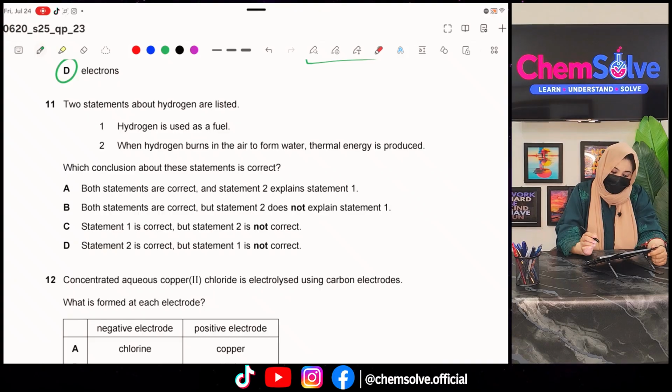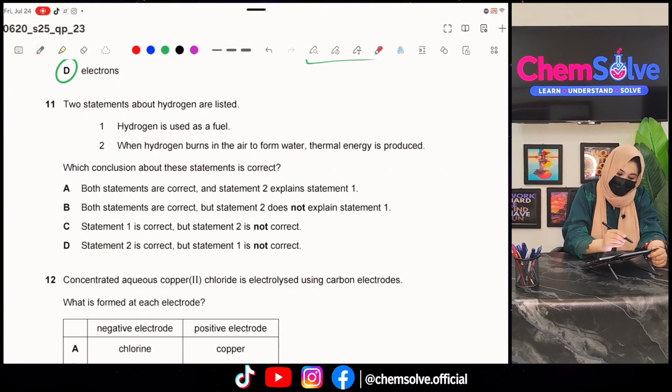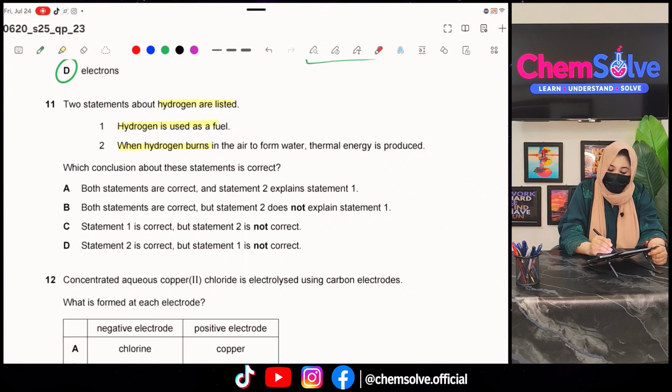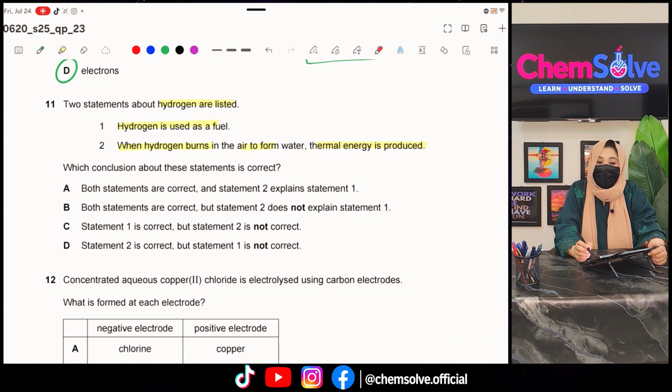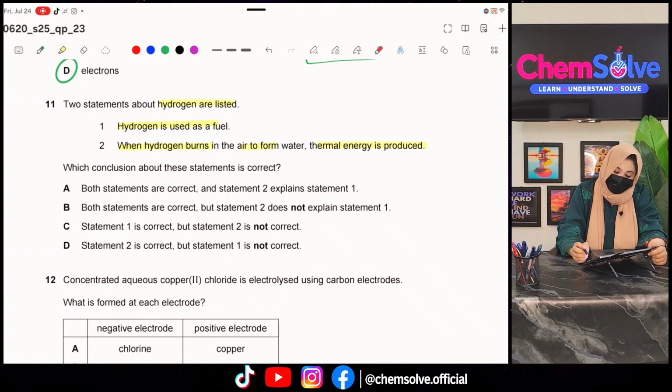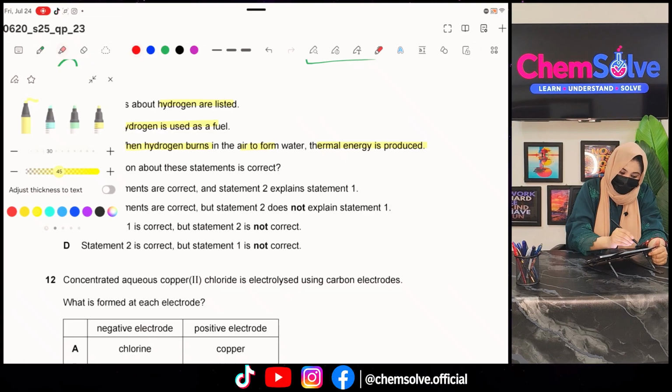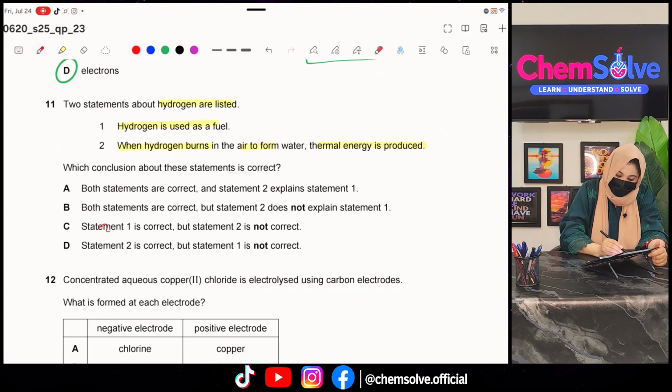Now question number 11. Two statements about hydrogen are listed. Hydrogen is used as a fuel. When hydrogen burns in the air to form water, thermal energy is produced. This question is about the hydrogen oxygen fuel cell. So both statements are correct, of course. That's why statement 1 is correct but statement 2 is incorrect, and statement 2 is correct but statement 1 is incorrect, are both wrong, because both statements are correct.